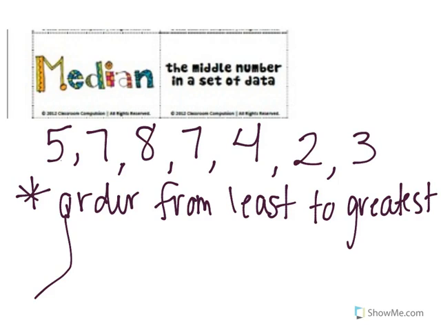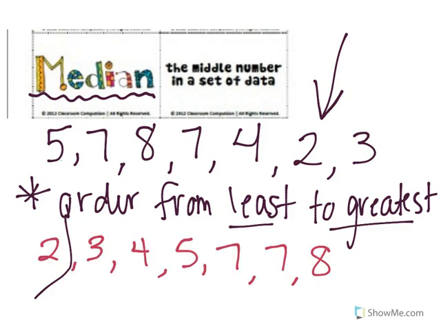So for example, if this is our data set, in order to find the median, I need to order my pieces of data from least to greatest. Once I do this, I then find the middle number.